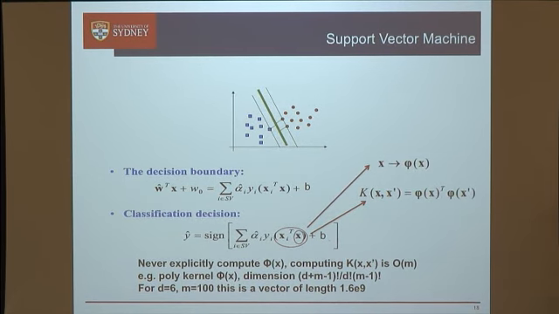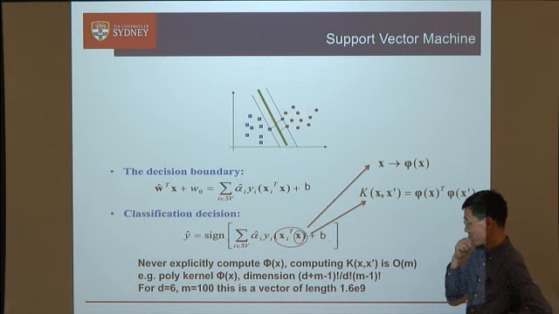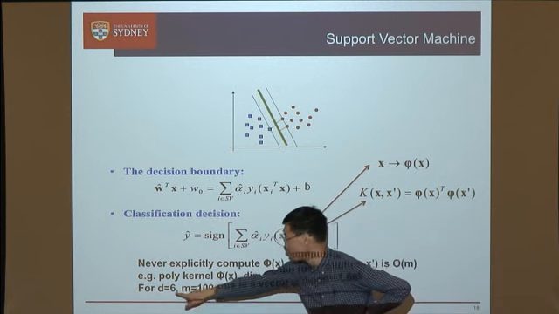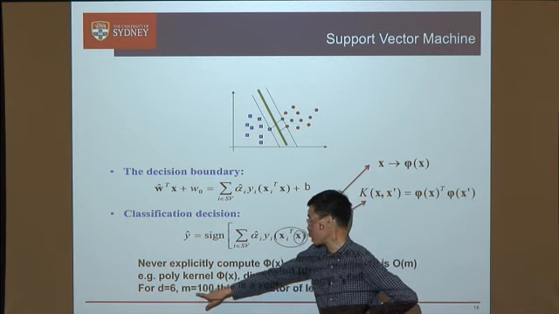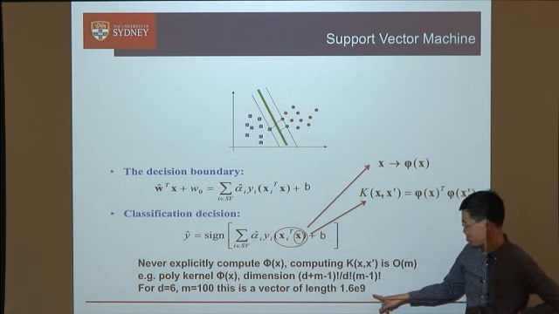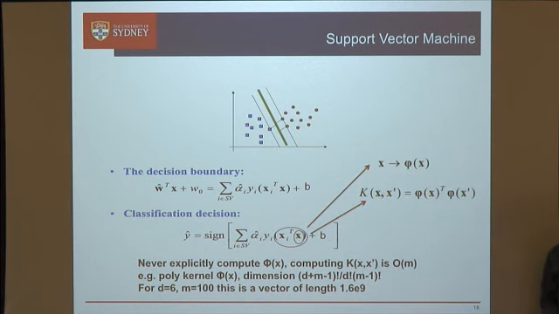So we never explicitly compute this. And just to give you an example, in the previous slide, I showed the example for d equals 2. If you choose d equals 6 and the input vectors of length 100, then this function gives you a vector of length 1.6 times 10 to the 9.